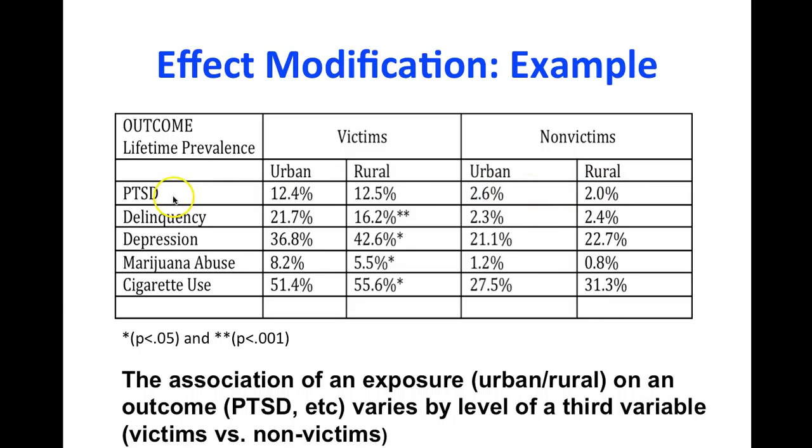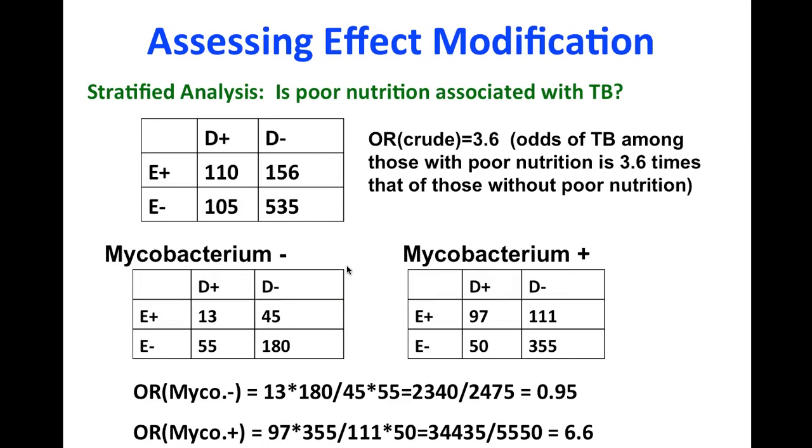And the same thing for delinquency. It's much higher among victims than non-victims. There's a small change between rural and urban, between the two exposure categories, but the real difference is between the victim versus non-victim category, and that's the effect modifier. That's how it would look.